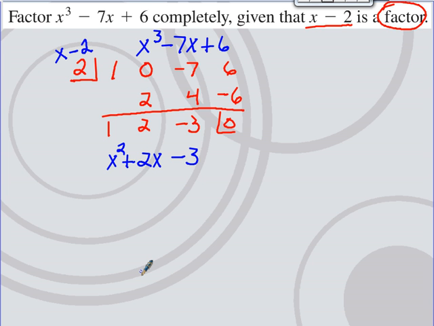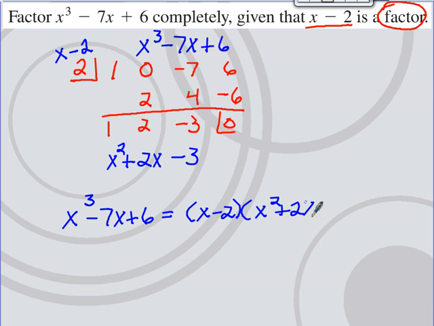What does that mean? That means I just factored x to the third minus 7x plus 6. I can now rewrite x to the third minus 7x plus 6 as x minus 2 times x squared plus 2x minus 3. Get used to this, you're going to do a lot of this.